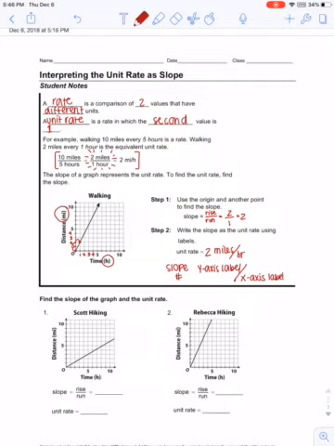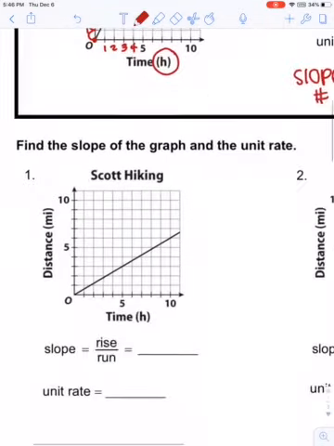So we're going to do 1 and 2 together. With Scott hiking, I'll zoom in on Scott's graph here. We're going to use the origin as our first point, then follow along the line until it crosses evenly. And to get from that point to my second point here, I have to rise 3 and run 1, 2, 3, 4, 5.